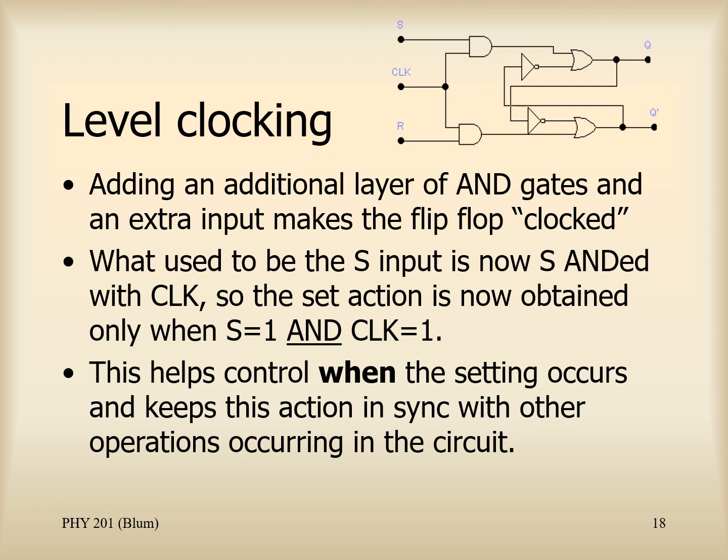Well, when S is high and the clock is high. And then similarly for the reset, we're only going to get the reset action when the clock is high and the reset is high. So this is giving us a little more control over when the setting or resetting, when the writing occurs.